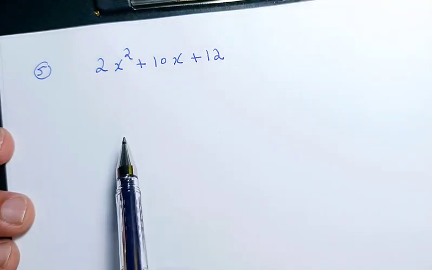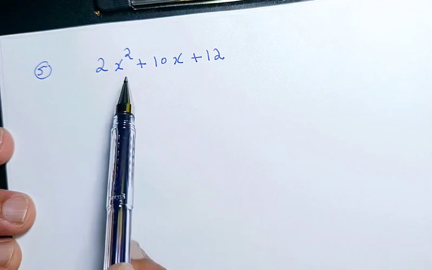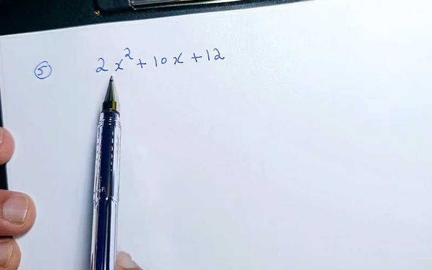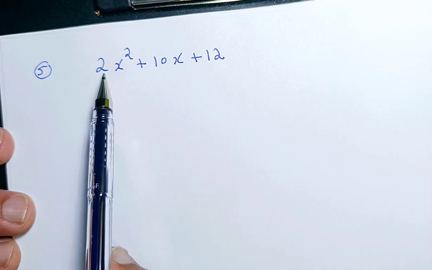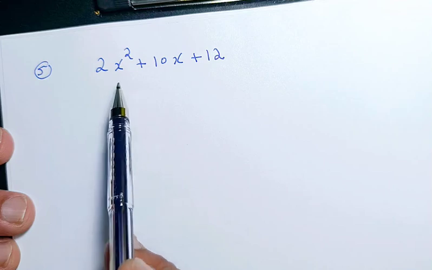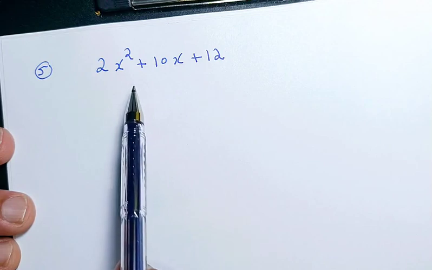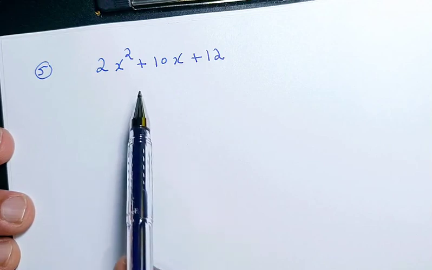Remember, I said to you the leading coefficient must be equal to 1 in grade 9. Now we can see the leading coefficient is 2, and that's not part of our curriculum. So obviously this is going to be a common factor. Whenever you need to factorize, you must look: is there any common factor?